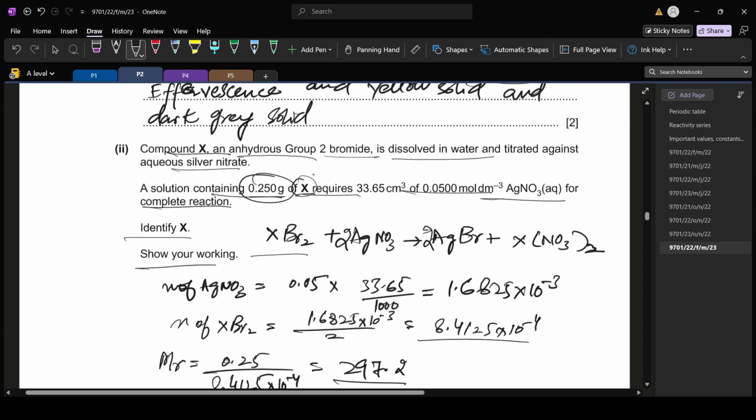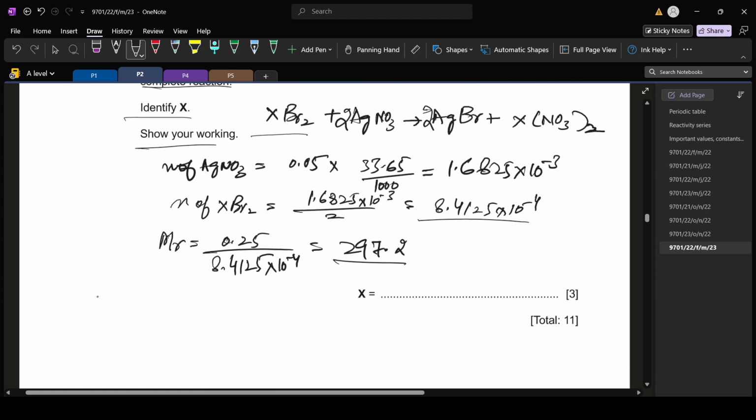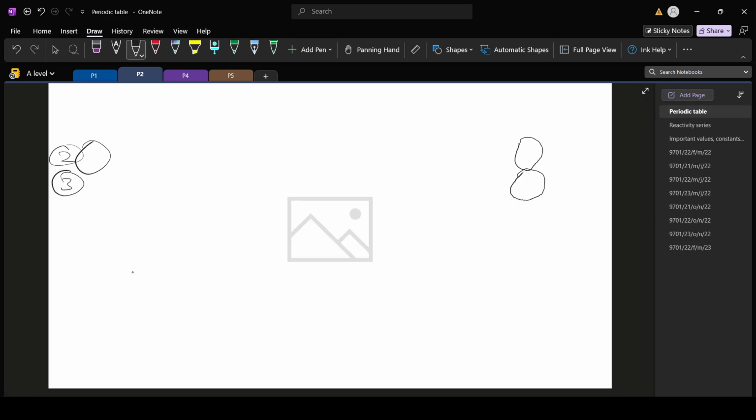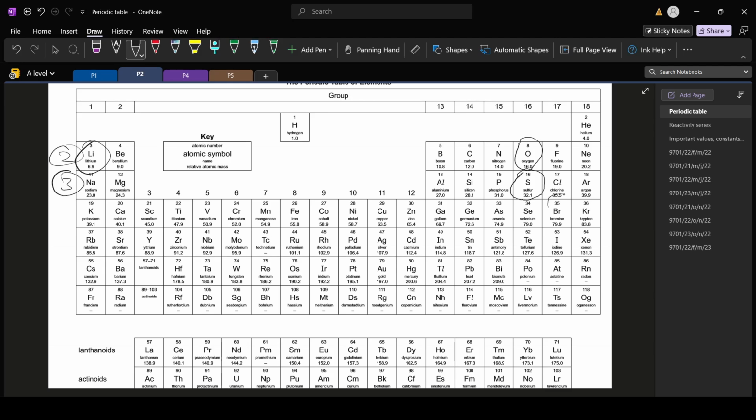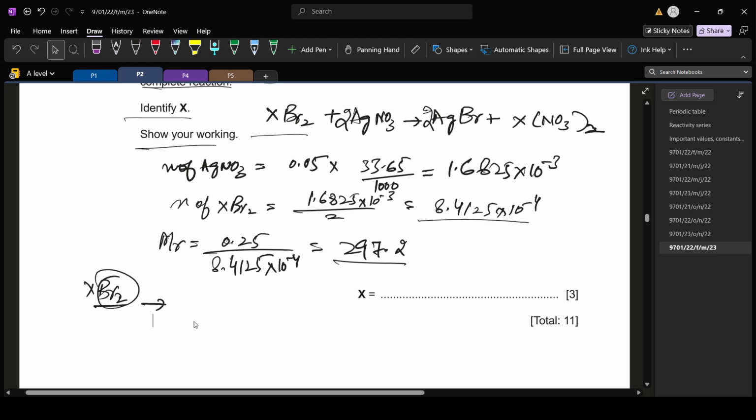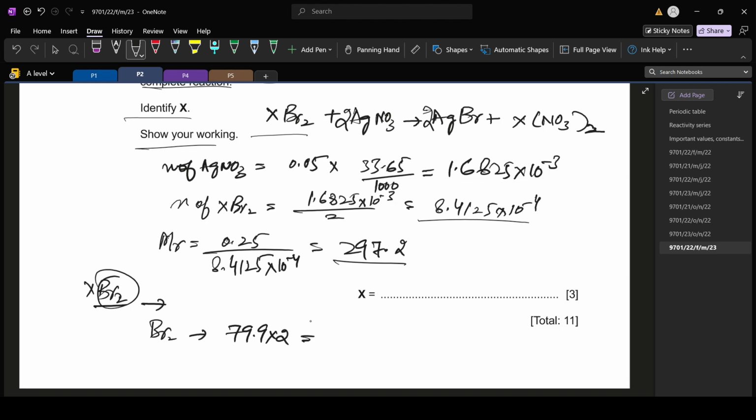So you actually have to find which group 2 element this X is. Okay, so if you see, this XBr2 has this formula, so there are two bromines. Bromine has a mass of 79.9, so if you multiply for Br2, it will have a mass of 79.9 multiplied by 2, which gives you 159.8.